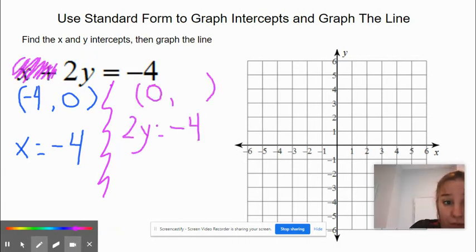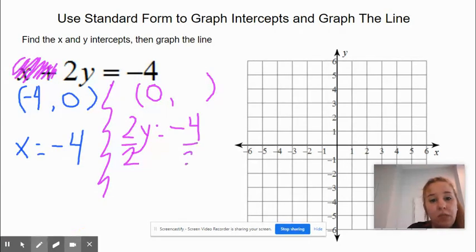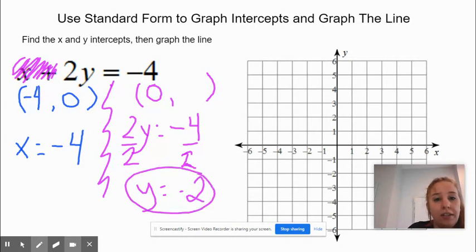Right? So for y-intercept here in purple, 0 for x, that makes that disappear. You end up with 2y equals negative 4, and then you just divide both sides by 2. Y equals negative 4 divided by 2, which is negative 2. Okay, now we're actually just going to plot these points.